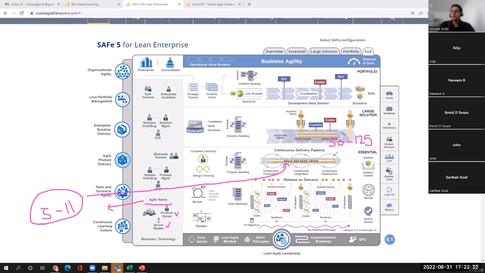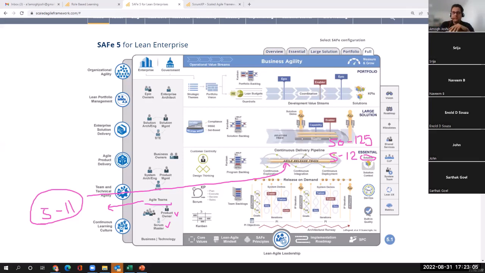So 50 to 125 people, or 5 to 12 teams, working together to deliver a solution is called an agile release train. So a group of people working together is an agile team, and then an agile release train. Now let's say we are supposed to develop an aircraft, or a COVID vaccine, a large and complex solution. 125 or 150 people are not enough to develop these, which take years.